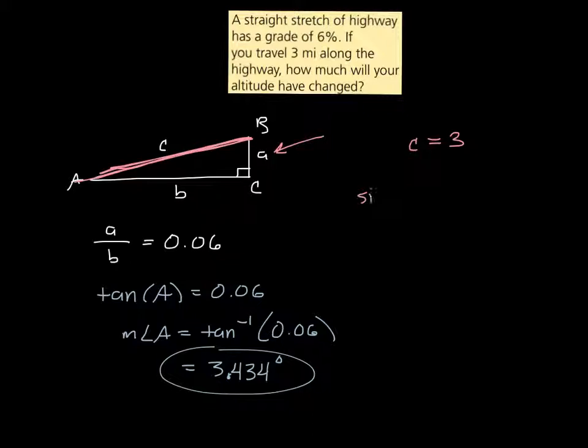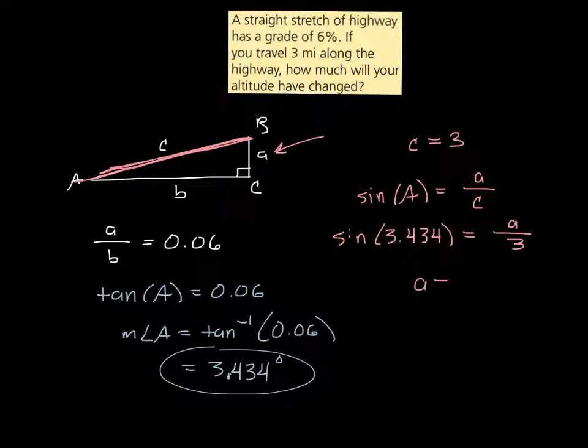So we know the sine of A is A over C. So the sine of 3.434 is what over 3? So A is 0.18 miles. So on that particular highway, if you drive 3 miles, your altitude will have changed 0.18 miles.